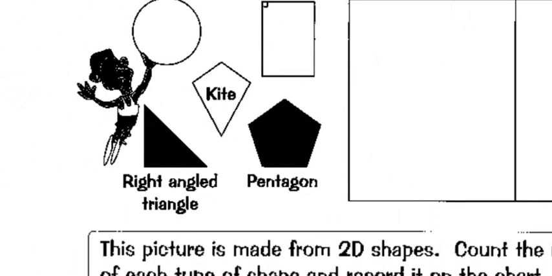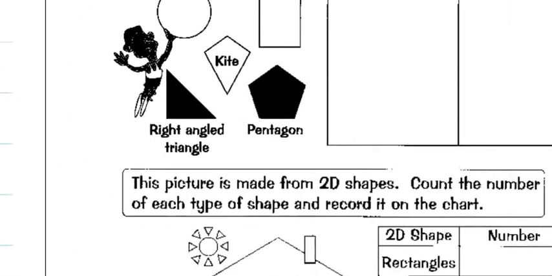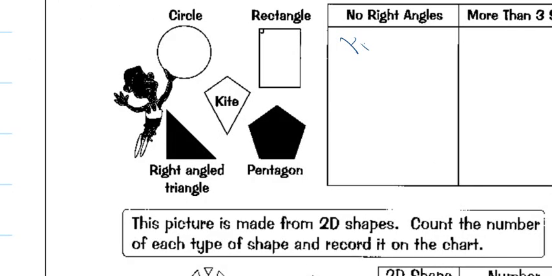And the rectangle and the circle. So we have here kite, rectangle, and circle.